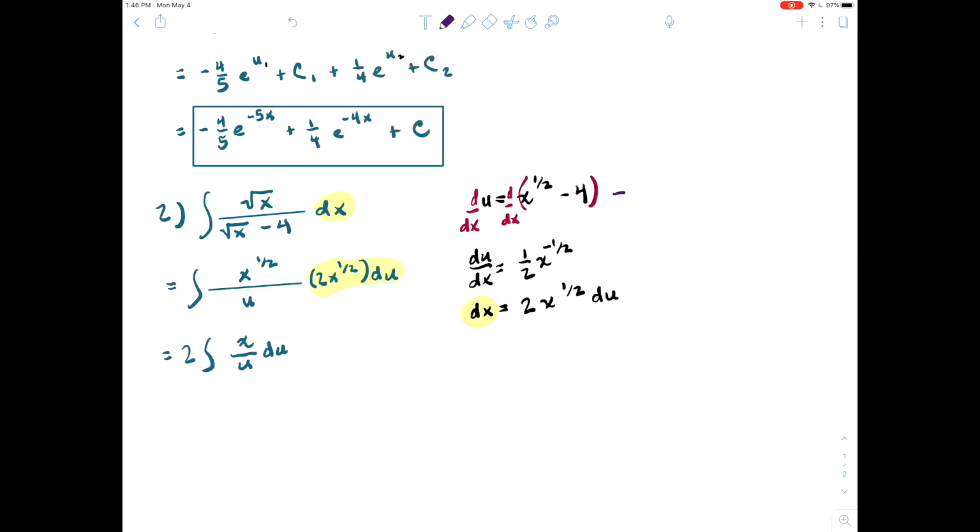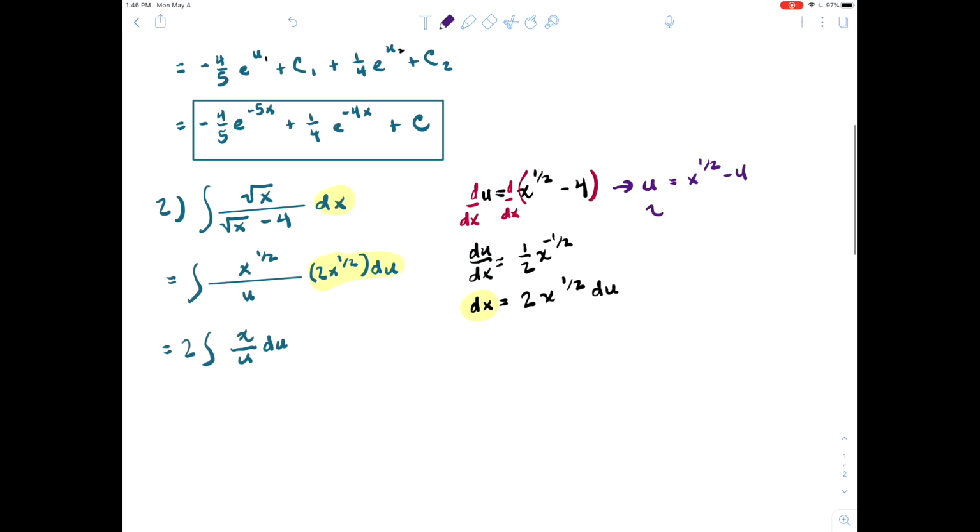And we know that our u was equal to x to the 1/2 minus 4. So if I work on that, isn't x to the 1/2 going to equal u plus 4 with a little algebra? And then I need x to the 1, and I need to write that in terms of u.